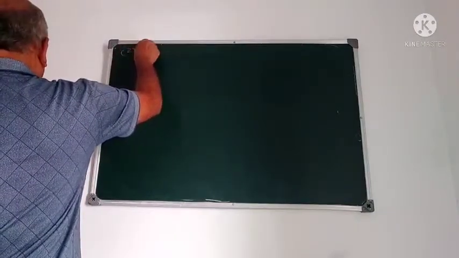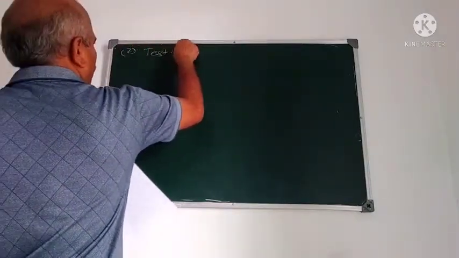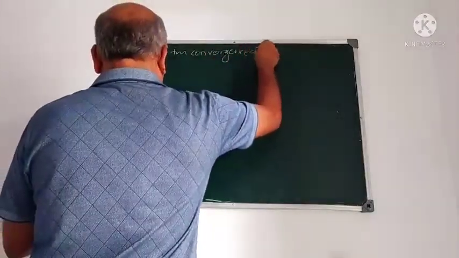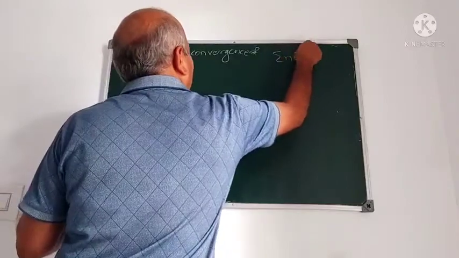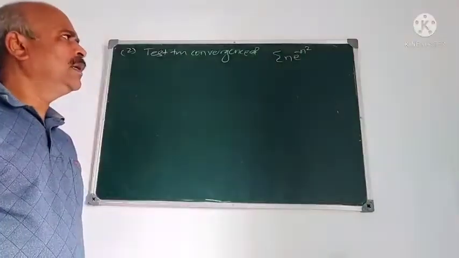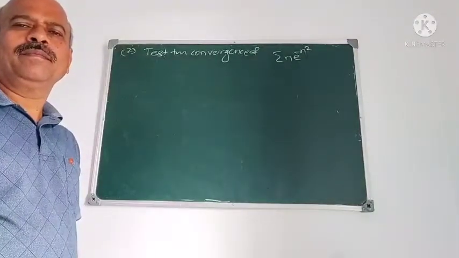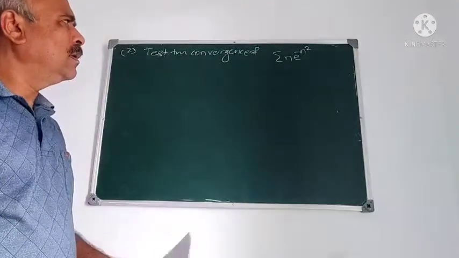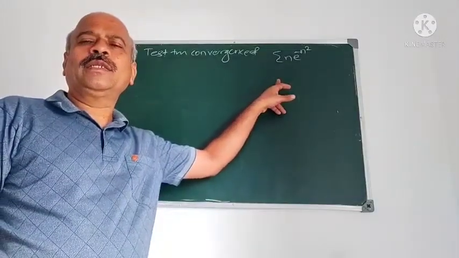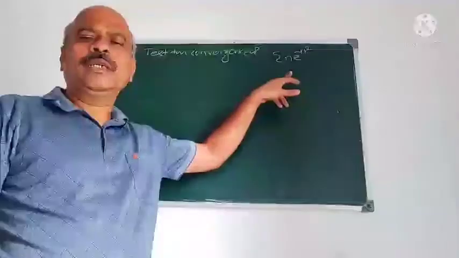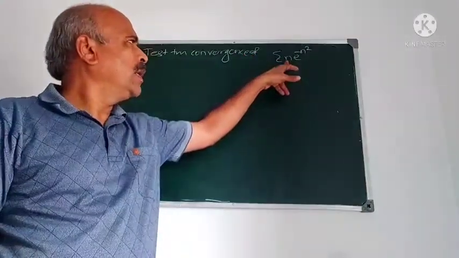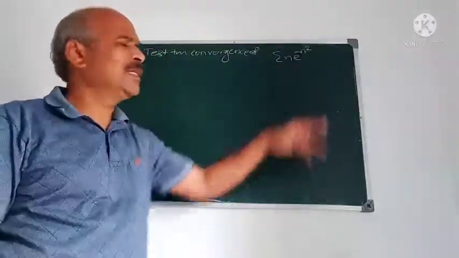Second is to test the convergence of sigma n e raised to minus n square. In all the four tests, comparison test, root test and D'Alembert's ratio test, we have not come across this type of problem, n e raised to minus n square.